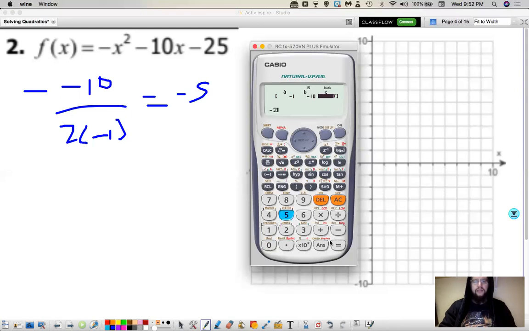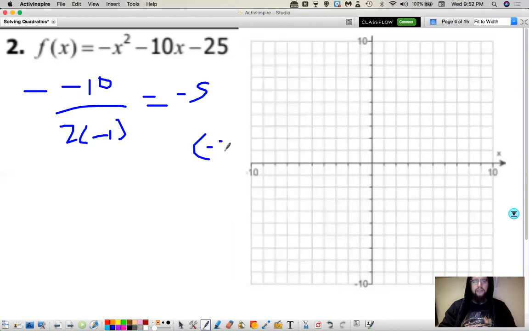I think that's going to give me 0 on my, yeah, there it is. -5 and 0. -1, 2, 3, 4, 5, 0. Oh, hey, that's an x-intercept, isn't it? That's a solution. We continue graphing. Maybe we'll have another one. Let's see. A is -1, so that's -1, -3, -5.